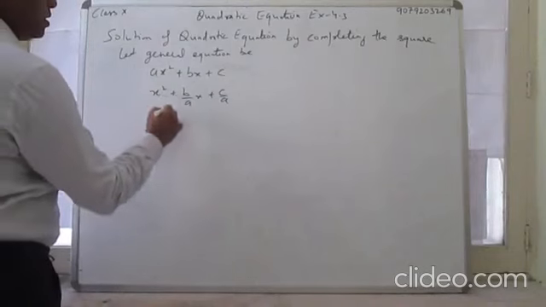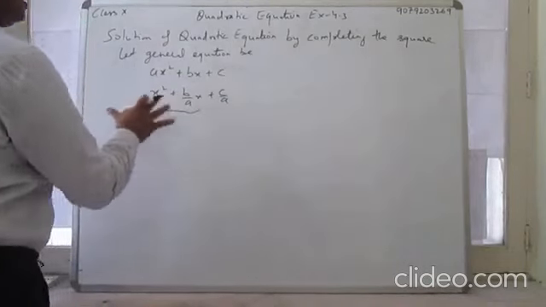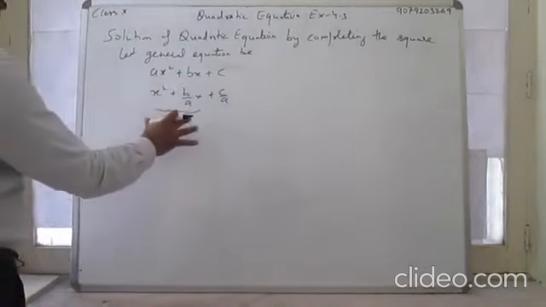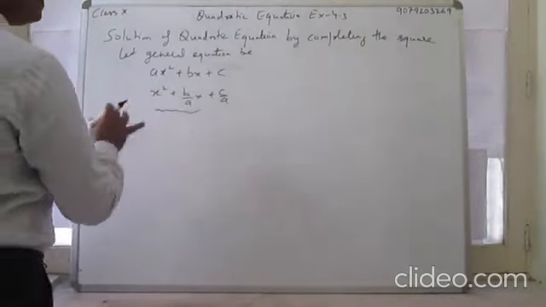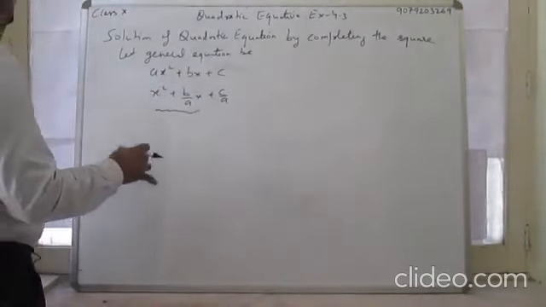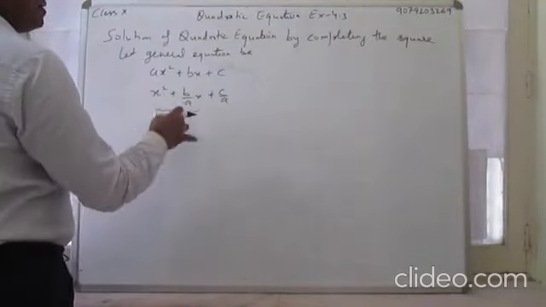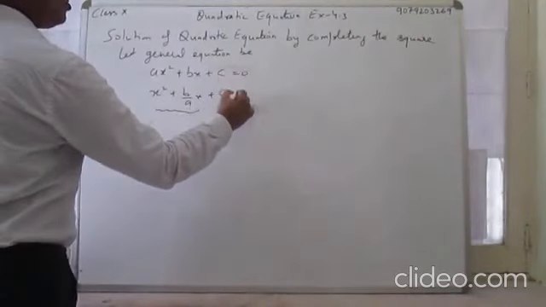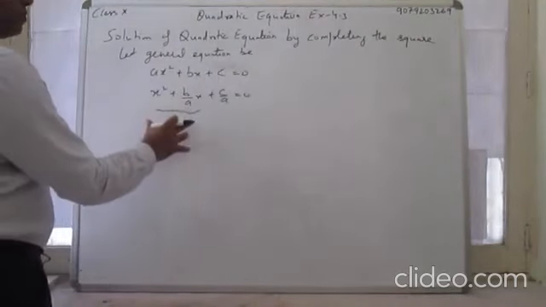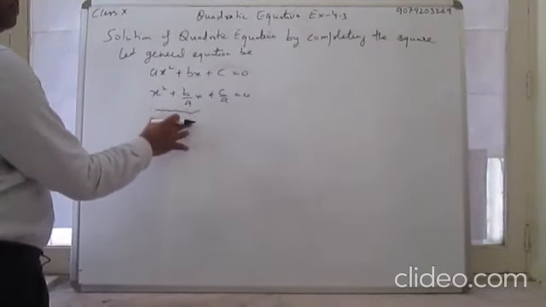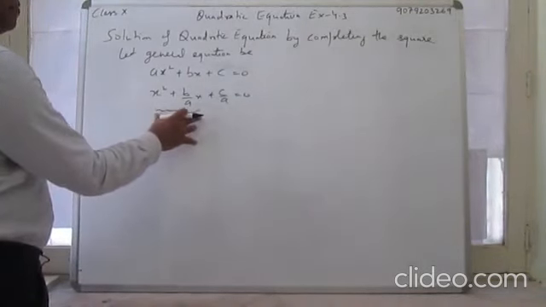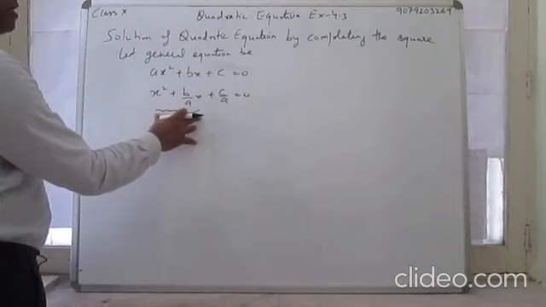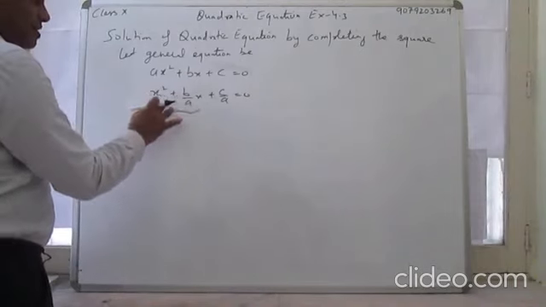Now how will you make this a complete square? The method of complete squaring: it is equal to 0. So add and subtract b upon 2a whole square on both sides. This is the middle term.